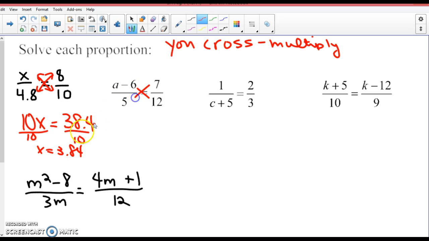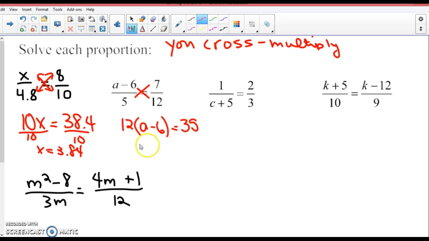How do I solve that? I cross multiply. Well, watch how I'm going to write this. Isn't this 12 times the quantity a minus 6? Look how I'm writing that. 12 times the quantity a minus 6 equals 5 times 7 is 35. Well, how do I solve that equation? What do I need to do?